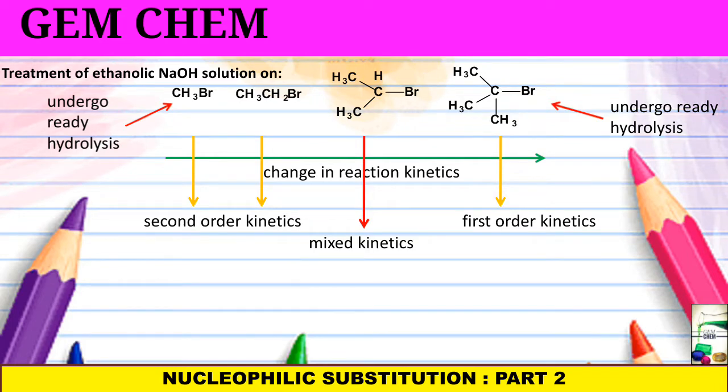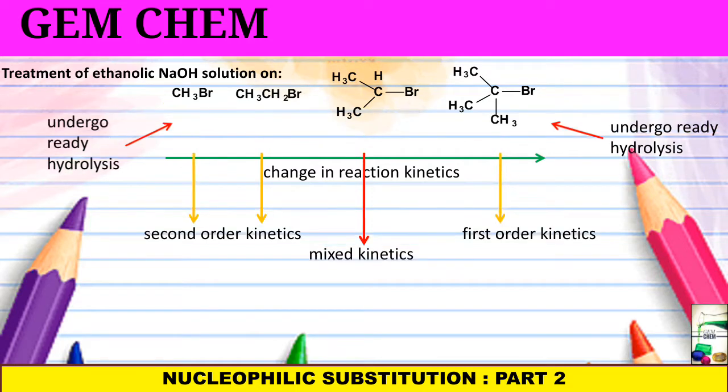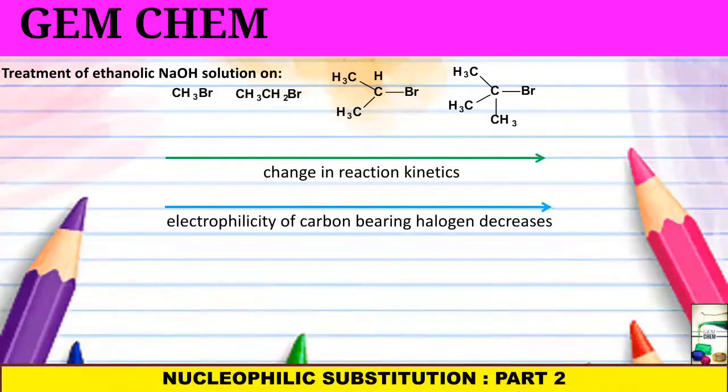Now as we move from left to right, the electrophilicity of the carbon containing the halide group decreases because of the enhanced plus I effect, as there is an increase in the number of methyl groups.